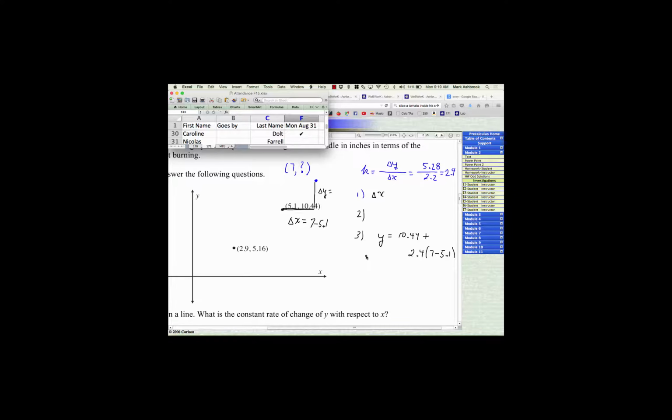Times it by the rate of change, right? So you're going to take that 1.9, and you're going to multiply it by the rate of change, which is then this. That's our change in y. K delta x. 2.4 times 1.9.